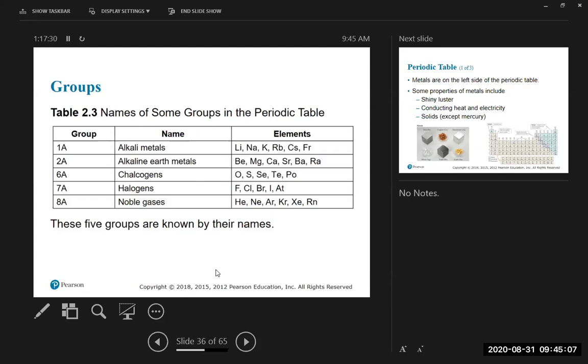That's pretty common. The 7A, 8A, halogens and noble gases, that's pretty common. The 6A ones, other than oxygen and sulfur, which are used a fair amount, I don't think I've ever called them the chalcogens, or however you say that, in my life. But those are some common names that have been assigned to these.